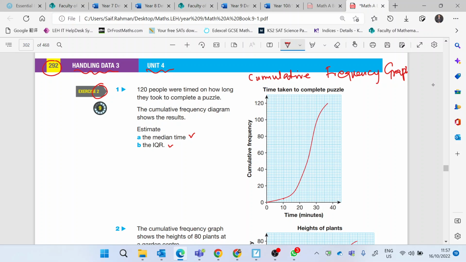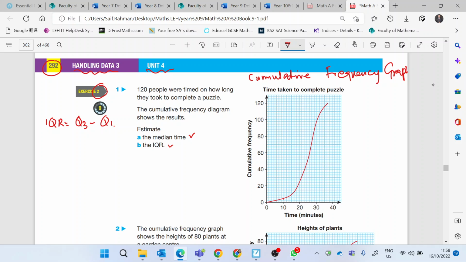First is the interquartile range. We know that we find the IQR as Q3 minus Q1. When the data points are quite large, how can we find Q1?